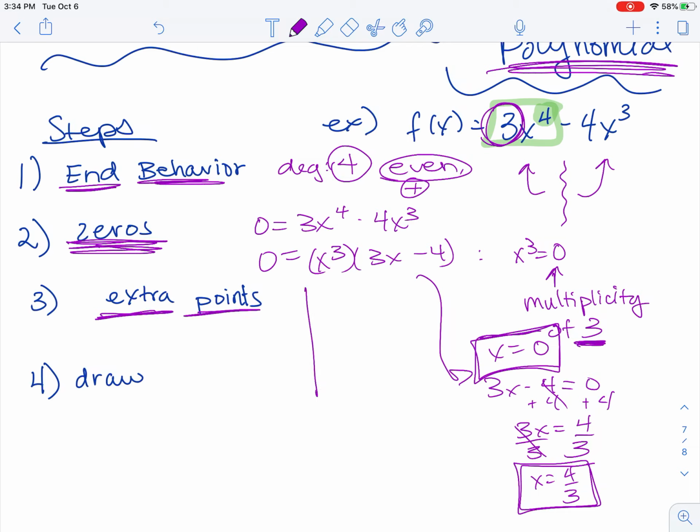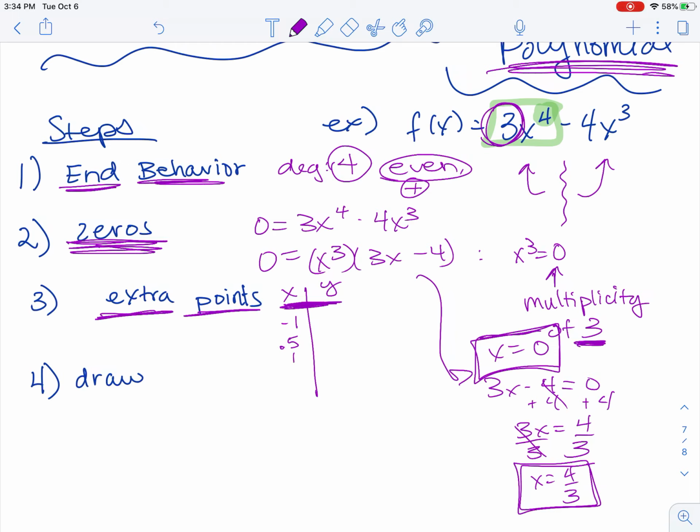And then the other thing is you want to find a couple of extra points just so we know where it's going. So for this one, I'm just going to pick some values that would go well here. So if I've got x and y, I'm going to pick some values of x, which is like, let's try -1. We'll try a half.